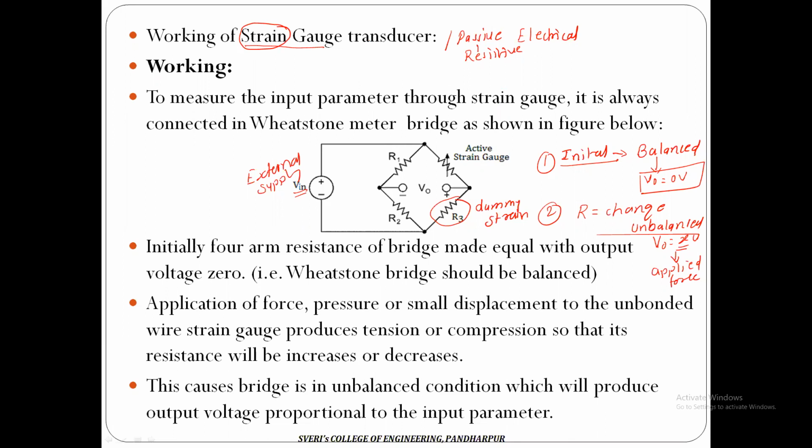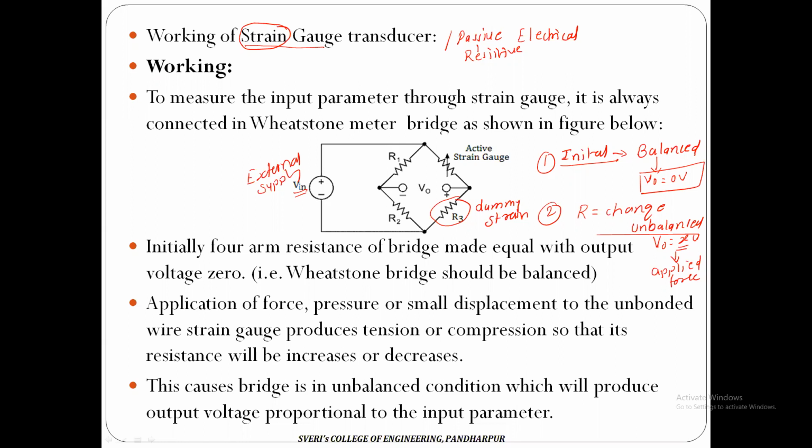Get my point? And what is the basic principle? When a force is applied on the strain gauge, the resistance of the wire used for the strain gauge is going to change, and this change in resistance we can measure by connecting it in a Wheatstone meter bridge in the form of electric voltage.